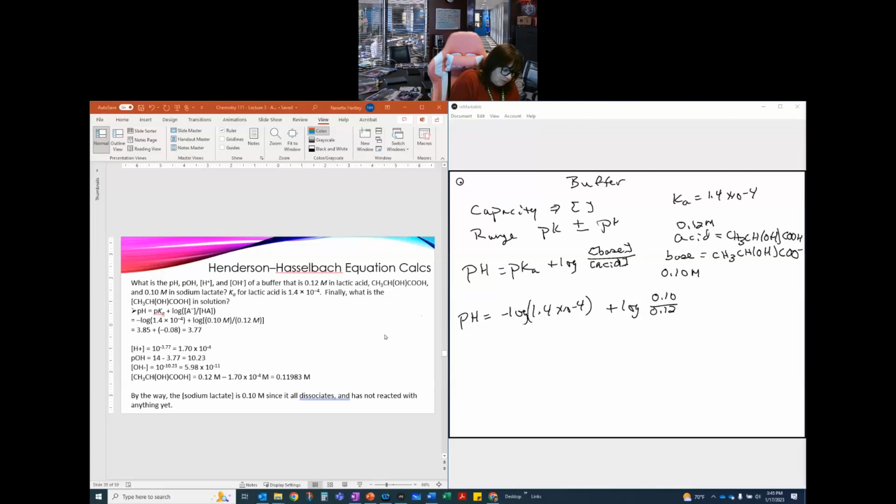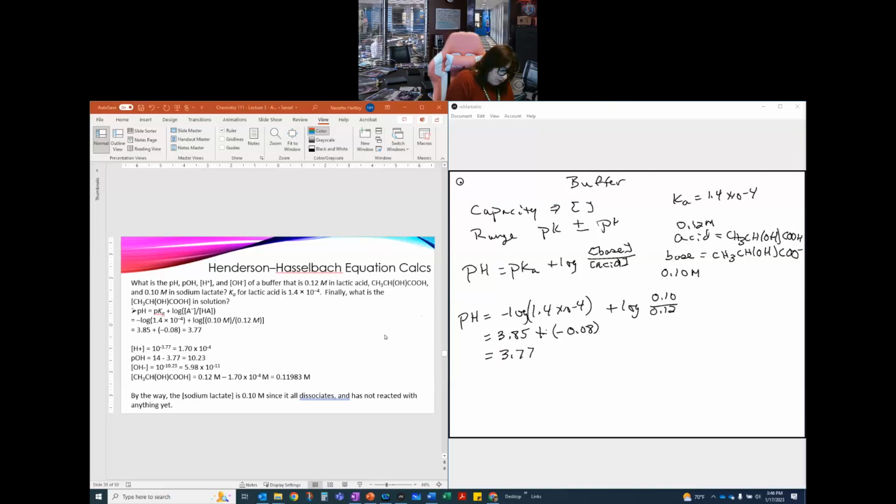That means that I'm going to have 3.85, because that's what the negative log of 1.4 times 10 to the minus fourth is, plus the log term, which comes out as negative 0.08. Okay, and that means that my pH is going to be 3.77.